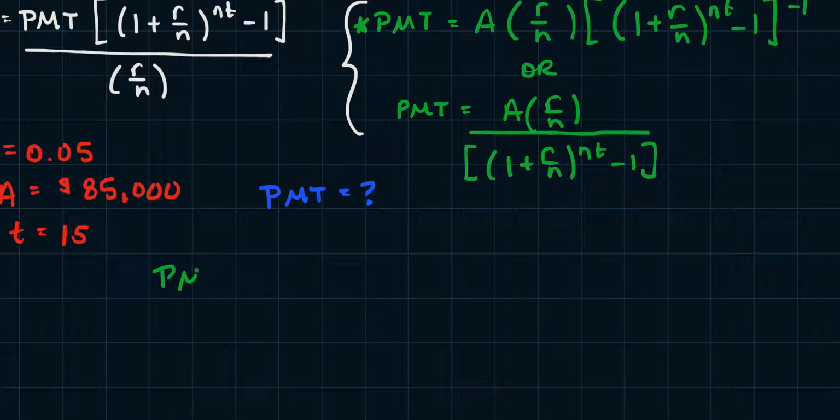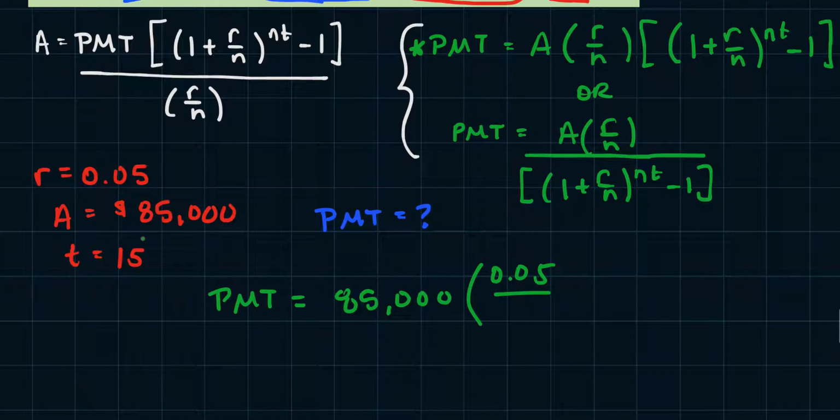So payment is $85,000 times our rate, which is 0.05, divided by N. Now remember what I said in the last video. N with the savings plan formula is always going to be 12. Okay? Don't forget that.